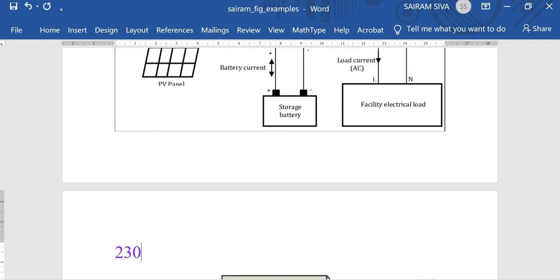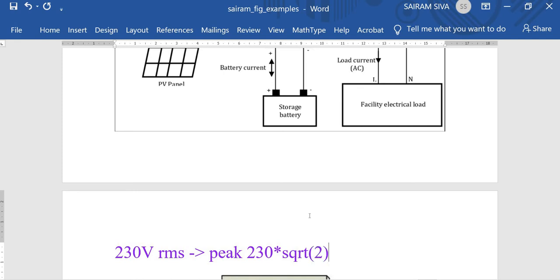So 230 volt RMS. We convert this RMS into the peak value. How do we convert 230 into the peak voltage? It is 230 into the square root of 2.